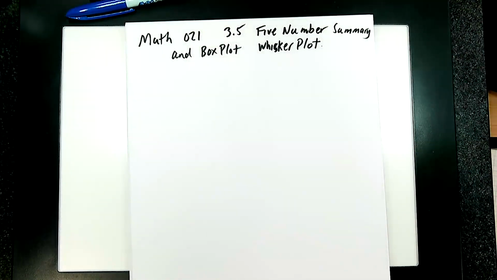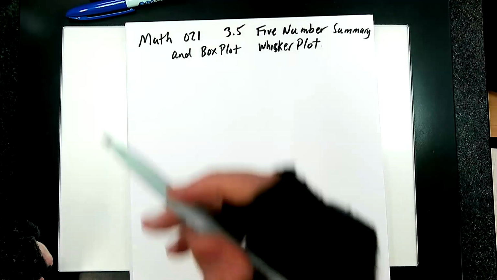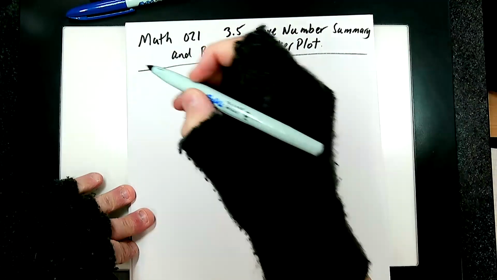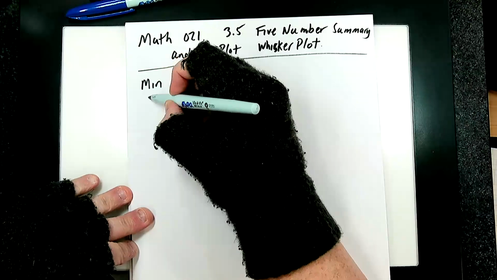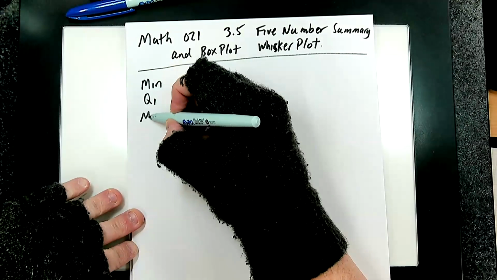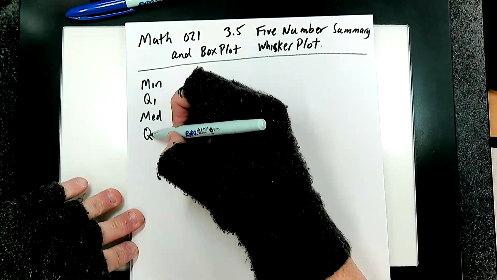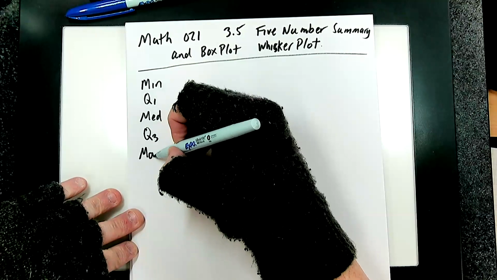Okay. Your 5-number summary is the min, Q1, median, Q3, and max.